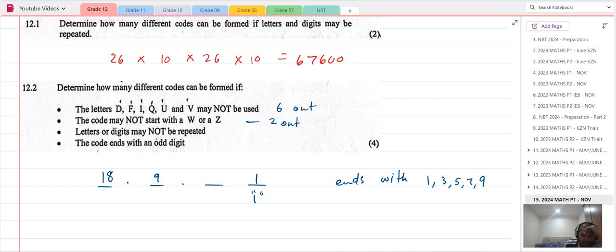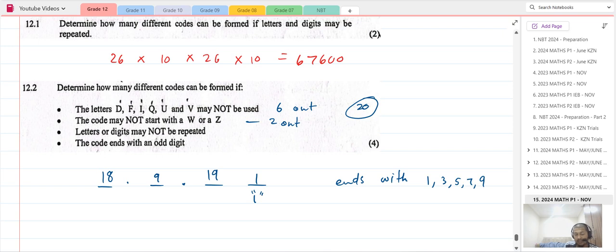And how many options do I have here? Say I use one of the letters, like A. Remember I've got 20 options in total, so I can use 19 here now, because I can use W and Z over here.